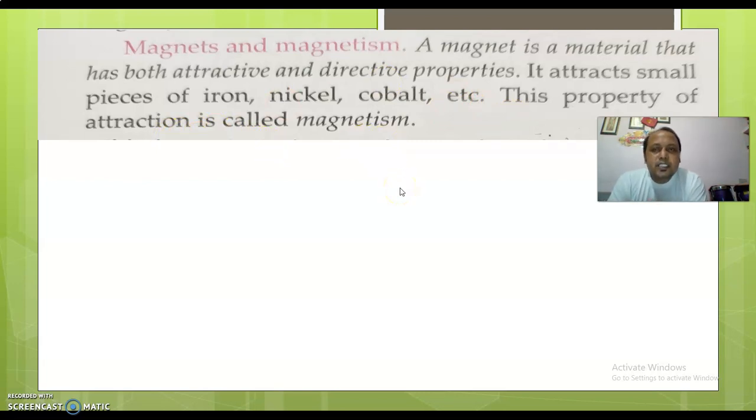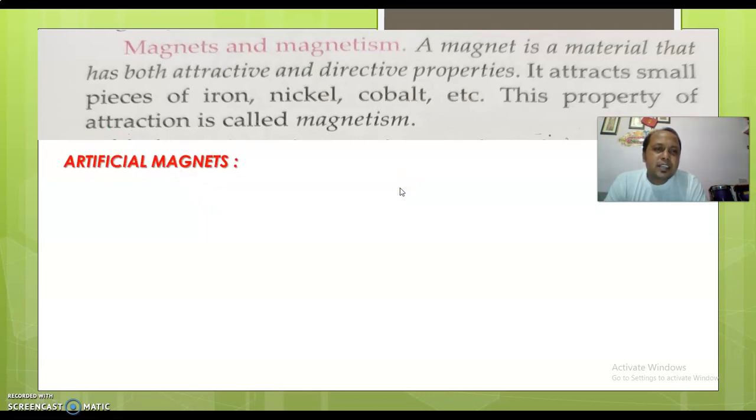When we consider some of the magnetic materials, they don't have any magnetic property by themselves, but when they are brought near a magnet, the magnetic property is induced in materials like iron, nickel, cobalt. These are called magnetic materials, and this attraction of these magnetic materials is known as magnetism. So I hope this is clear.